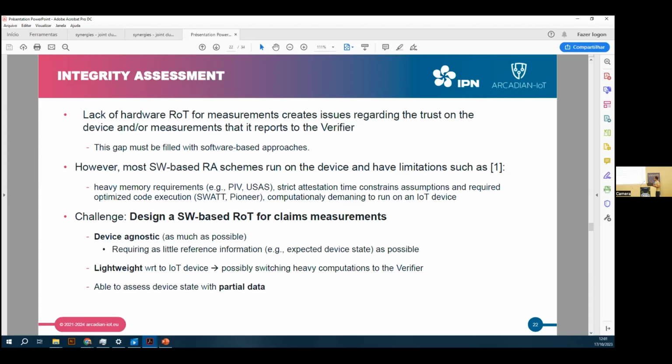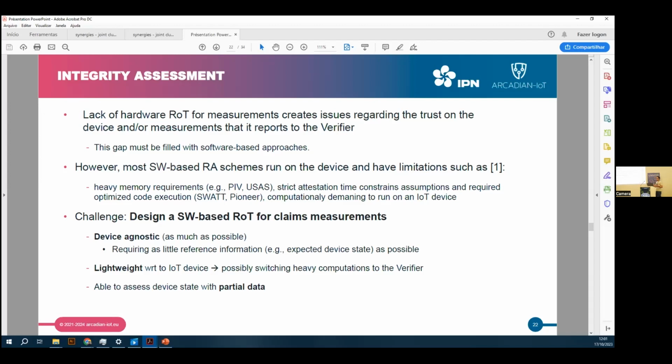So the main challenge that we still need to solve is how to design a software-based root of trust for the measurements such that it is device agnostic, requiring as little reference information as possible.